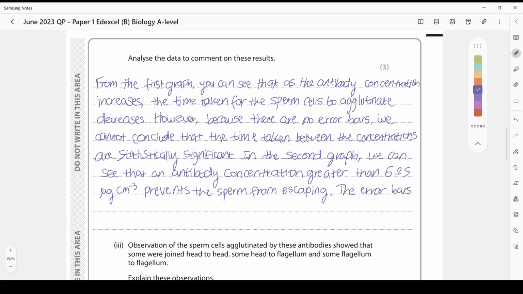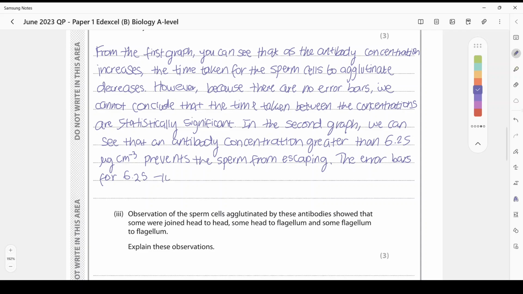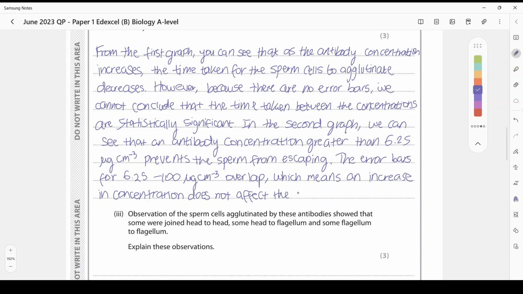The error bars for 6.25 to 100 micrograms per cm³ overlap, which means an increase in concentration does not affect the percentage of sperm escaping.